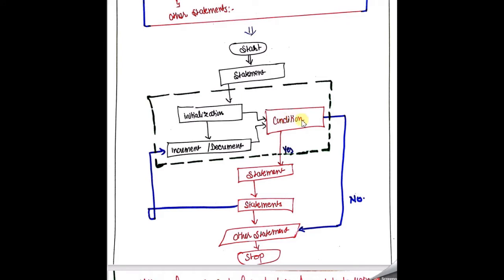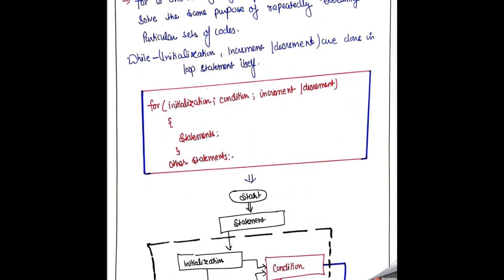If your condition is true, then you go inside the loop, and whatever action you want to perform, you perform here, and after that you perform the increment or decrement. Again I am repeating these concepts step by step.